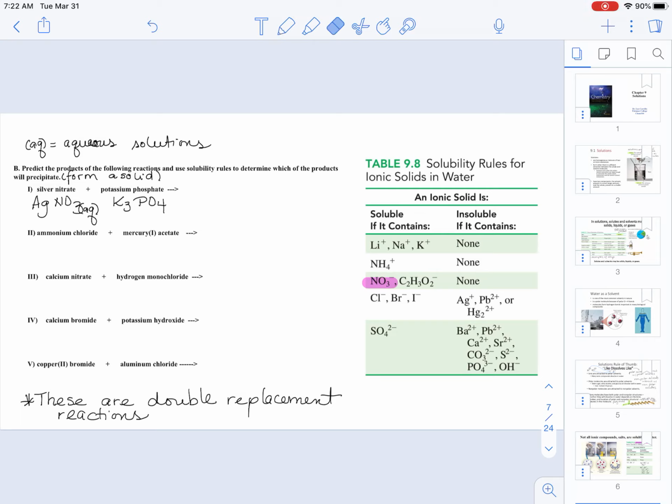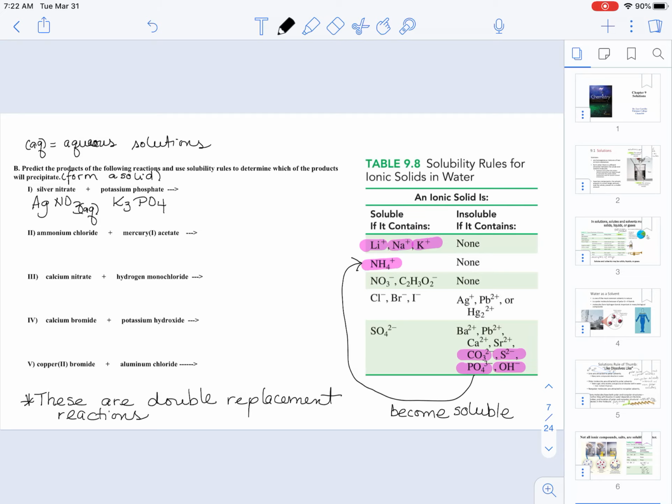We have phosphate. Now, as you can see, in this table, it says that an ionic solid is insoluble if it contains phosphate. But there's something special about phosphate. Understand that if phosphate, hydroxide, carbonate, or sulfide are paired with any of these four: lithium, sodium, potassium, or ammonium, they become soluble.